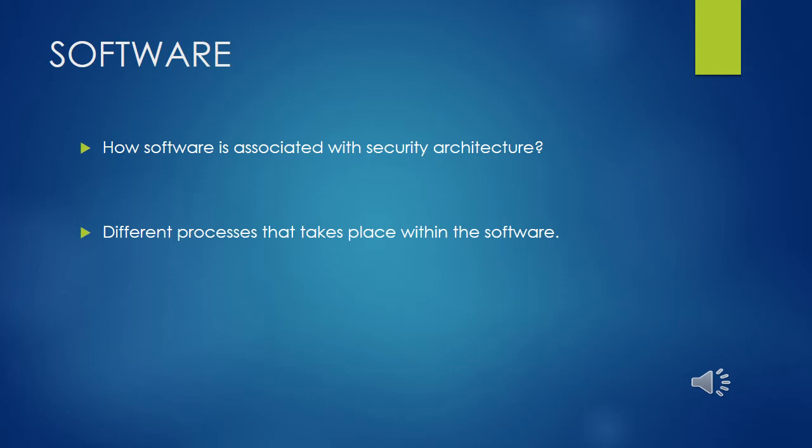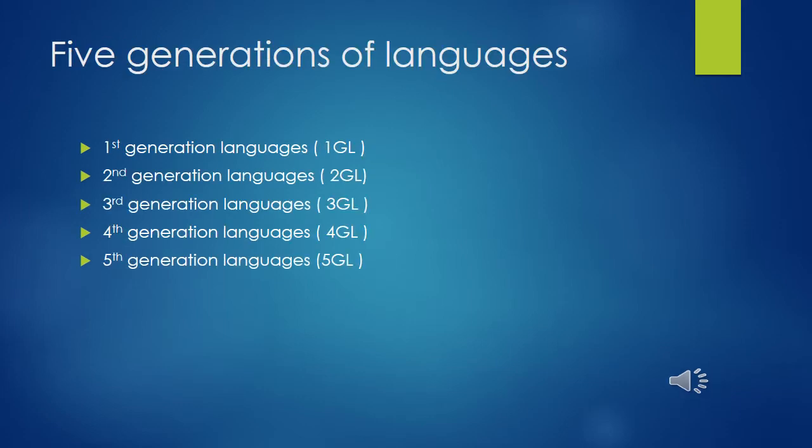All the languages are converted back to machine code so that the computer can interpret and understand the instructions. So we have languages from first generation, second generation, going straight to fifth generation languages. Going into the video, I'll be explaining all about these languages.